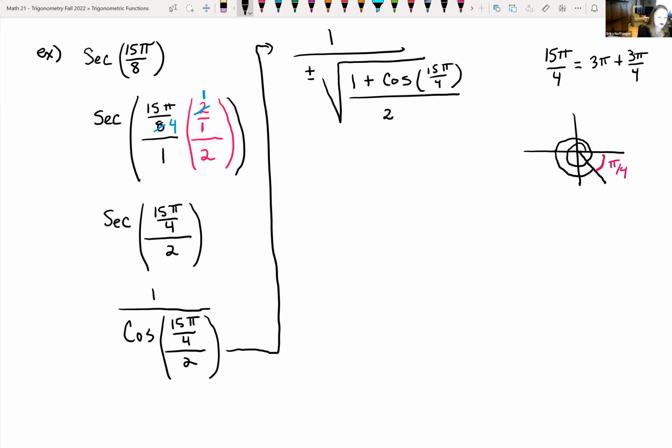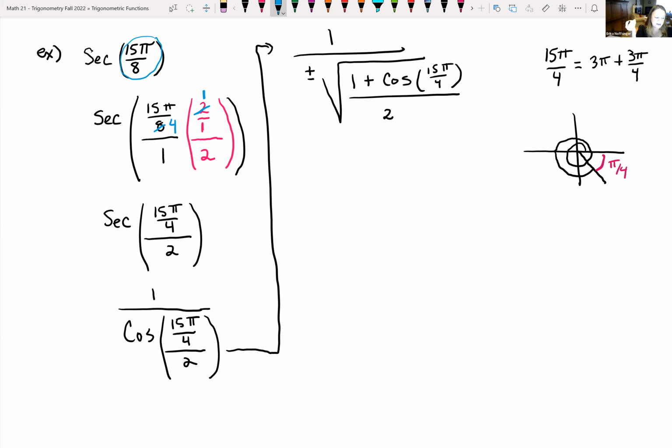Well, let's go back to our original 15 pi eighths. I know 16 pi eighths is 2 pi. That would be 1 full revolution. So we're not quite up to 1 full revolution. We're less than pi eighths from 1 full revolution.